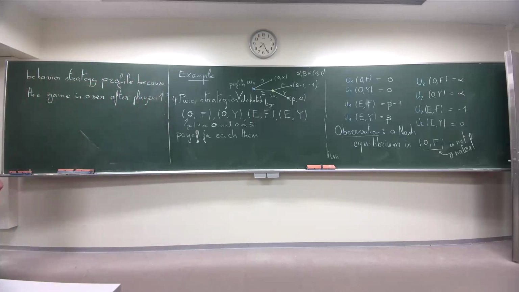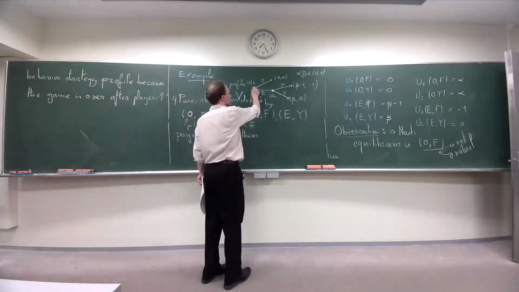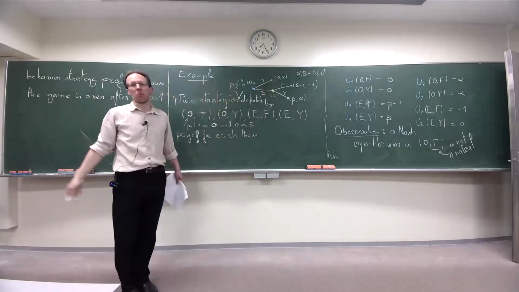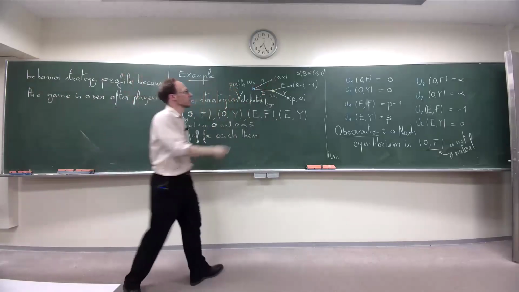So in a sense, I would avoid looking at this Nash equilibrium. I'm wasting my time because it doesn't represent anything. And the first player has no interest in playing this because his payoff would be 0. So he has no interest in going there.